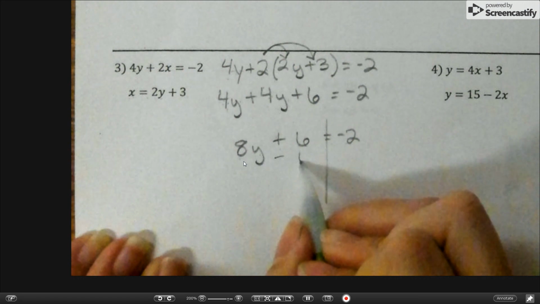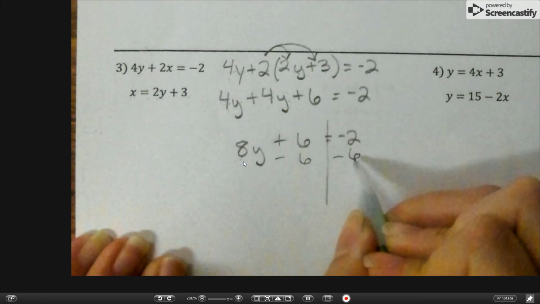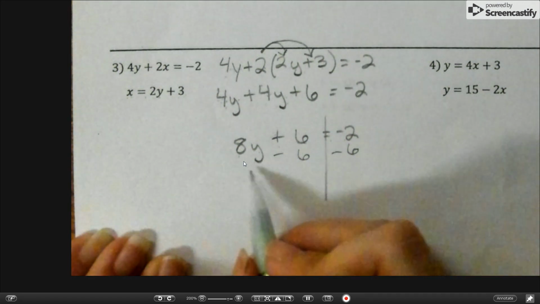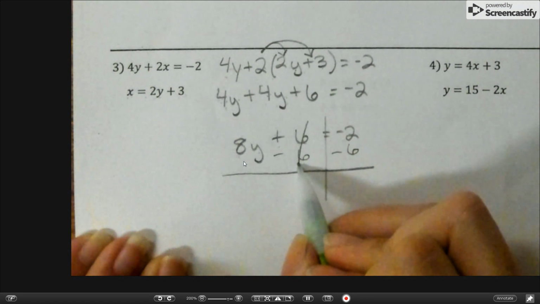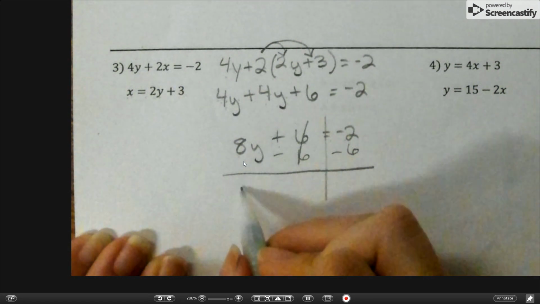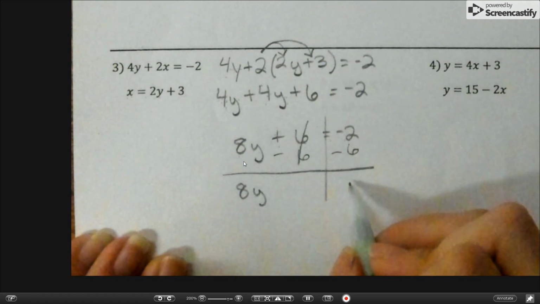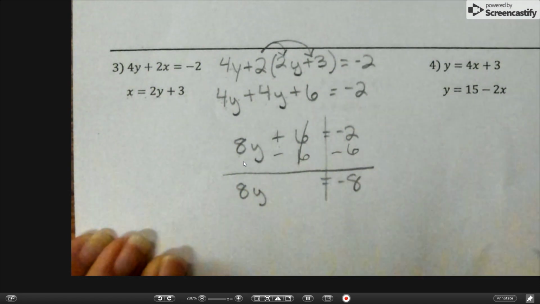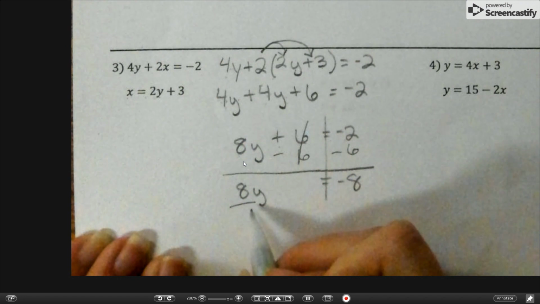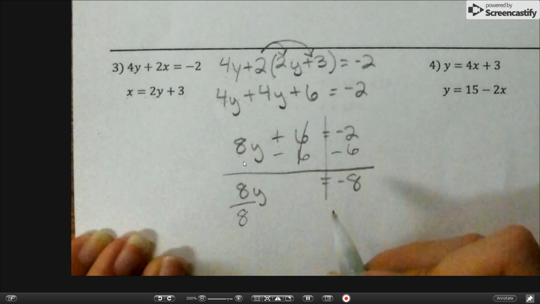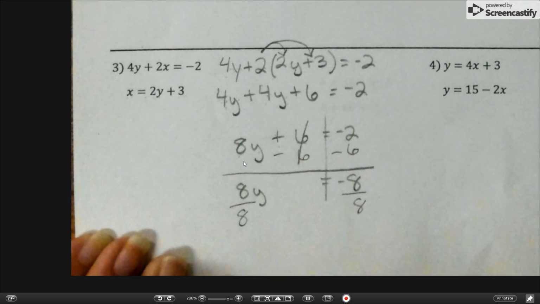We're going to subtract 6 from both sides because now this is 0, so we don't need that anymore. We have 8y equals negative 8. And our last step is to divide both sides by 8.